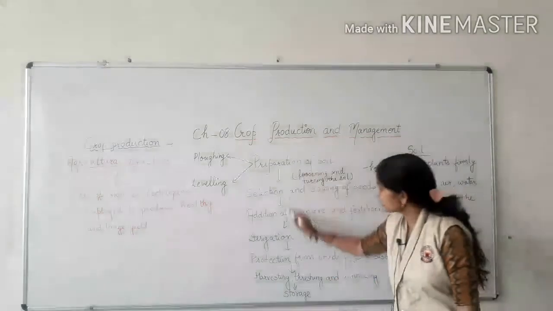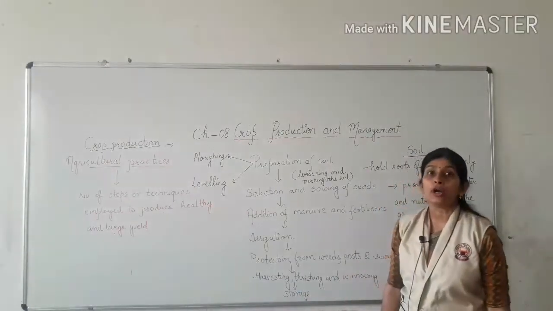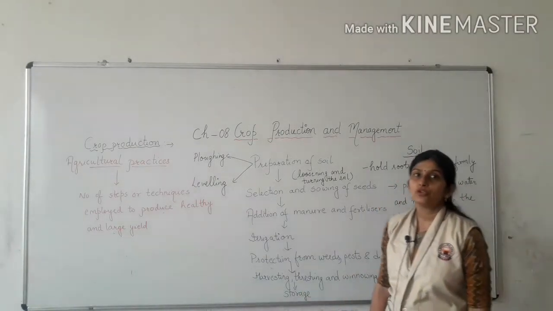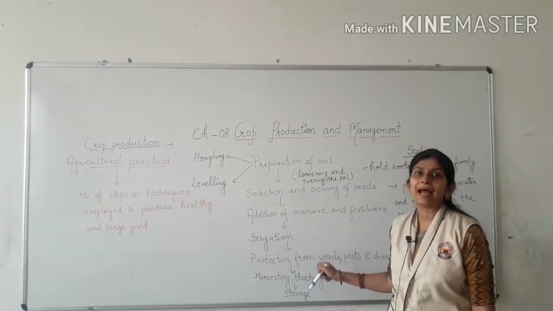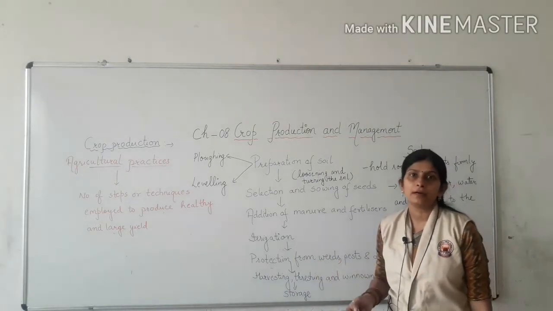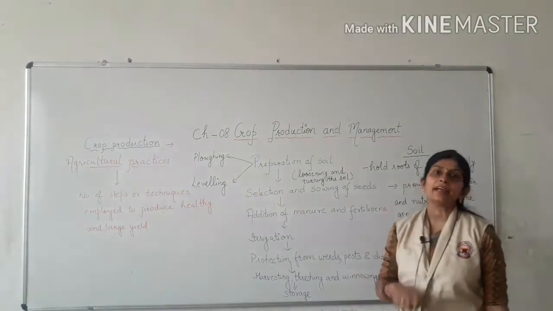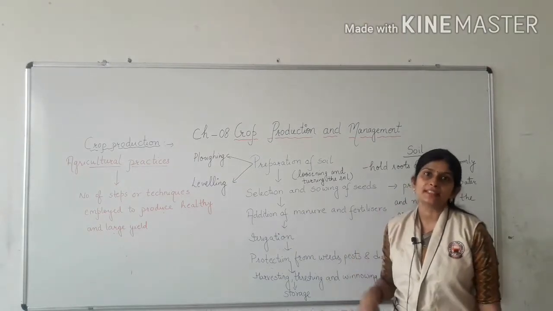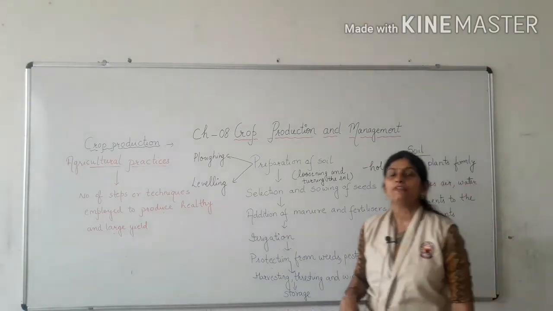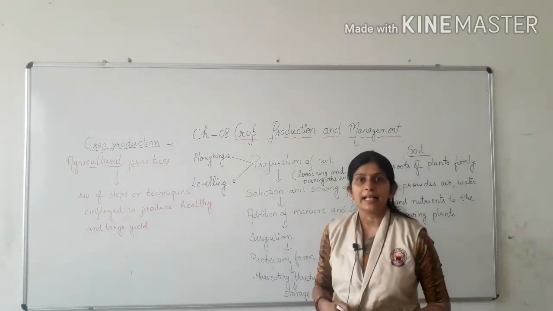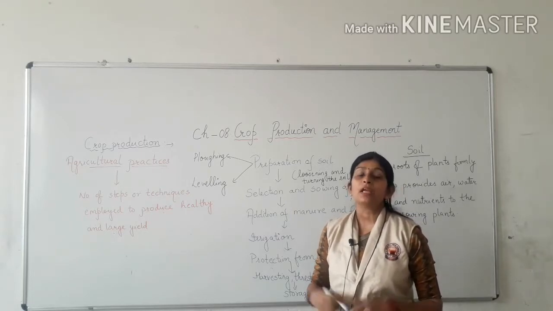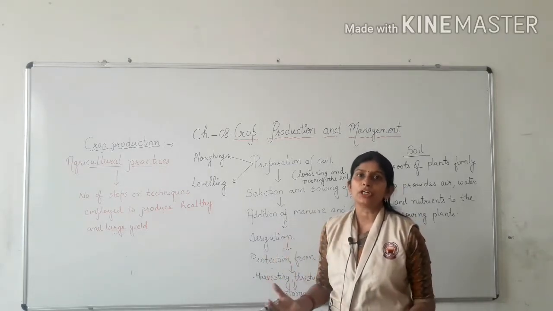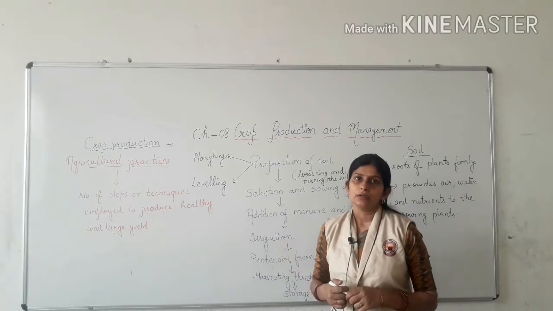So these are the various steps or techniques to be applied by a farmer at the correct time in sequence, so that we can have a healthy crop yield in large quantity.